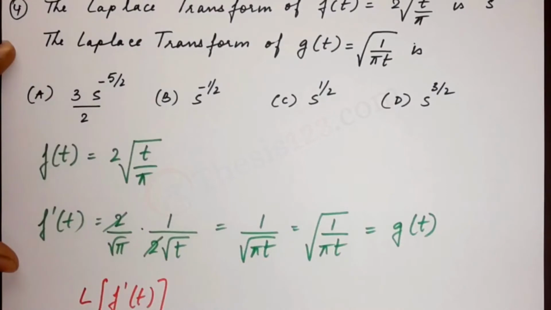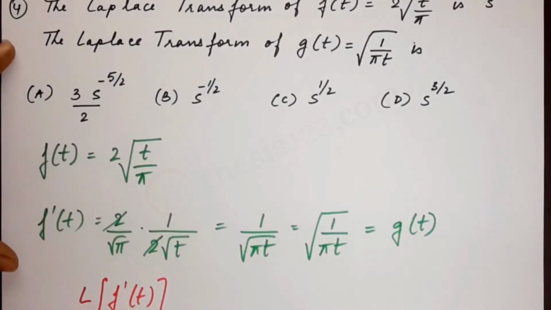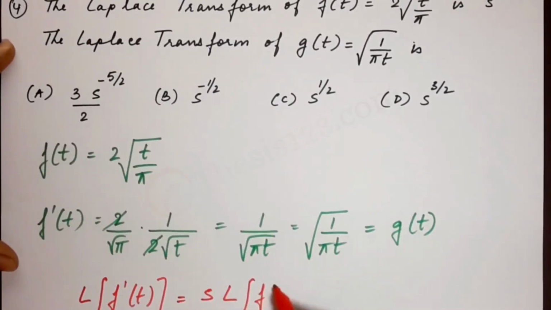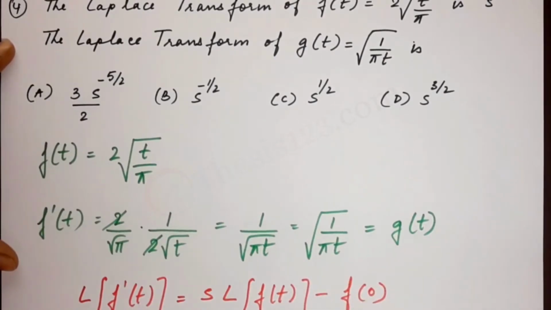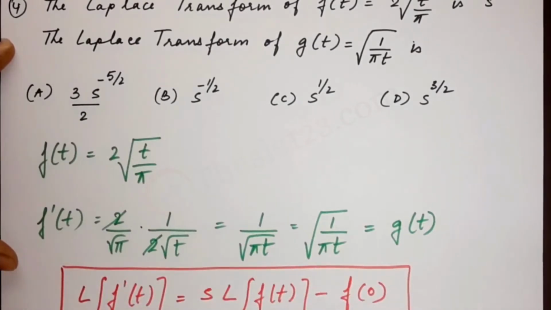So we have a standard formula for the Laplace transform of a derivative function. So the formula is Laplace of f dash t equals s into Laplace of f of t minus f of 0. So this is our formula.